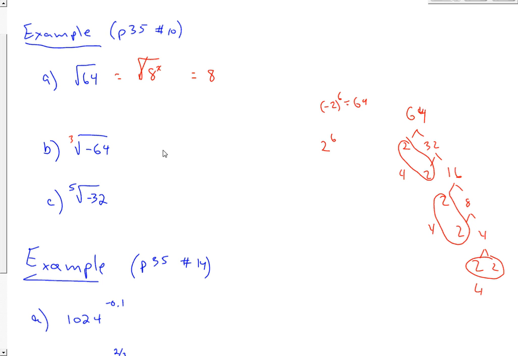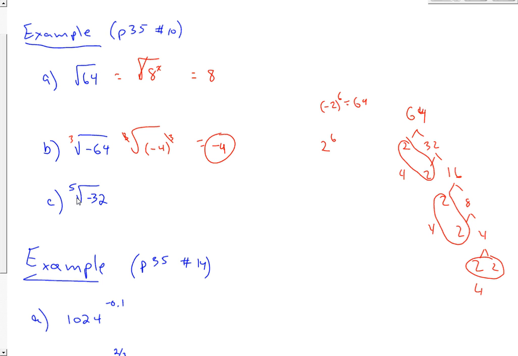And so I have negative 4 to the third power. And when I take the third root of that, now my radical and my exponent can cancel, and my final answer is negative 4. Sorry for the confusion on that.